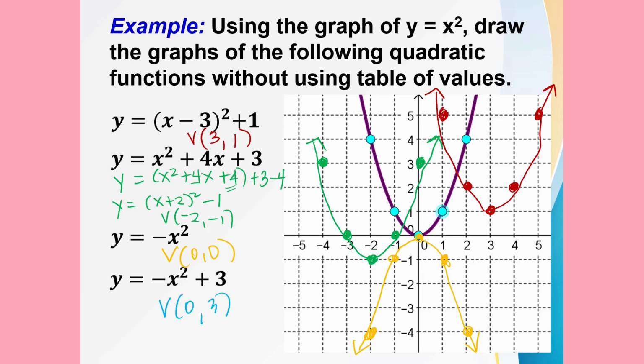I-move natin ng 3 units upward kasi yung h naman po ay 0. So, upward lang po yung movement. So, yung orange na graph, ito yung y equals negative x squared, i-move natin ng upward ng 3 units. So, 1, 2, 3. Then, draw the point there. Ganun din po yung susunod na point. 1, 2, 3. So, dito po yung sunod na point. Then, yung vertex is (0, 3).